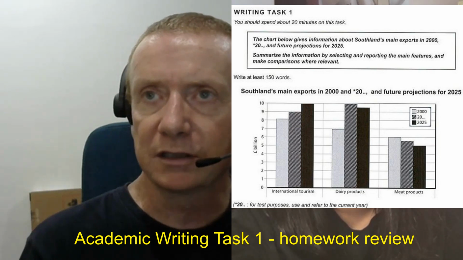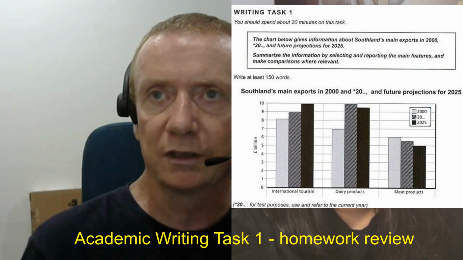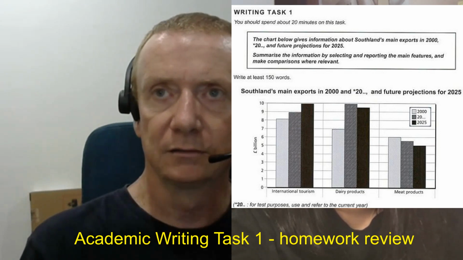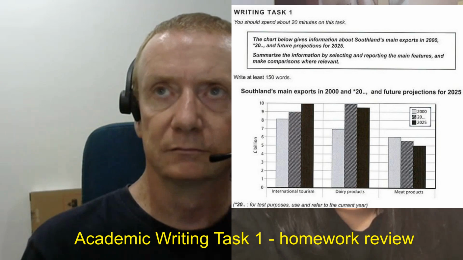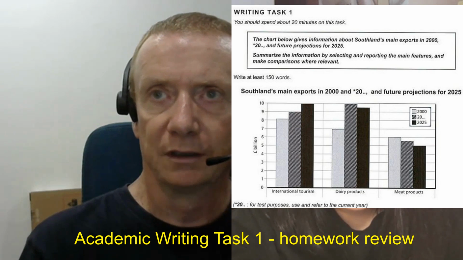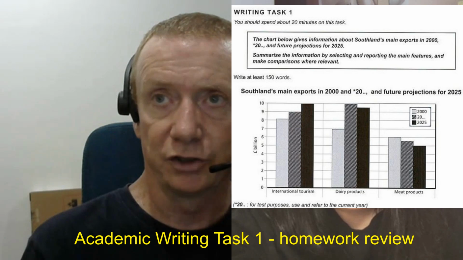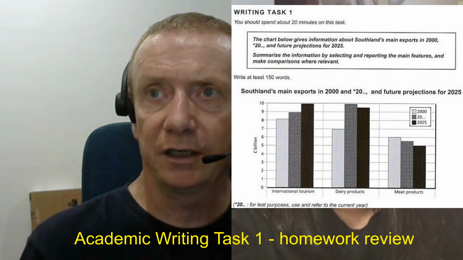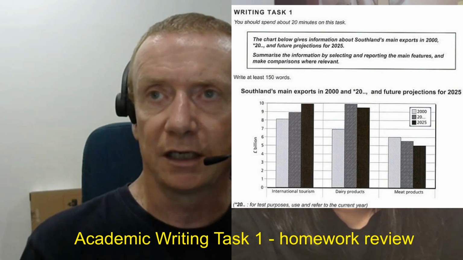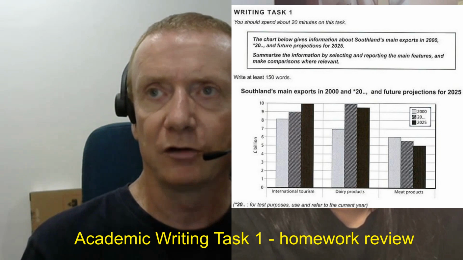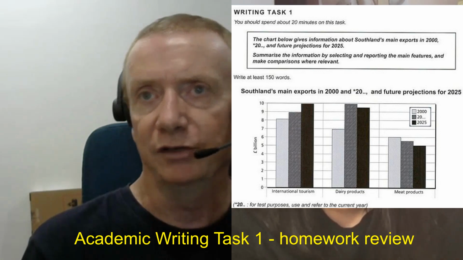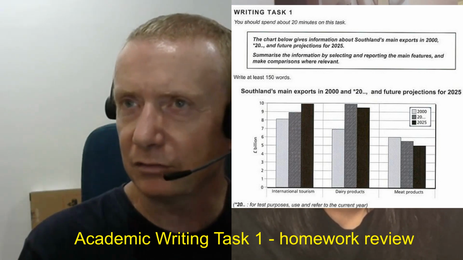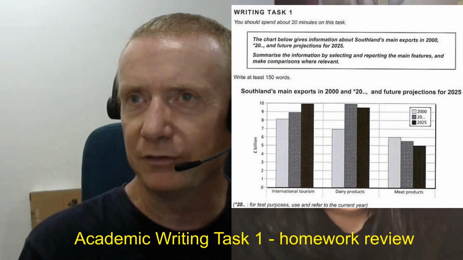So it is noticeable that the value of meat products will be halved compared to the figure of international tourism. You've given the figures, but what are the figures that you've given there?